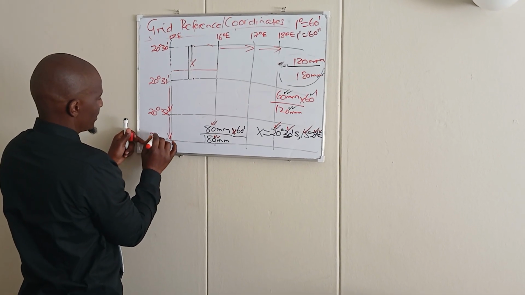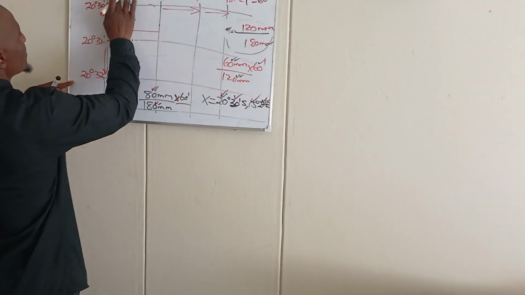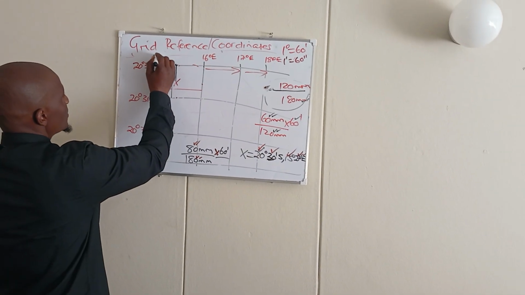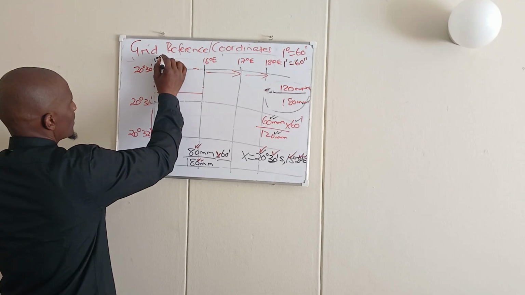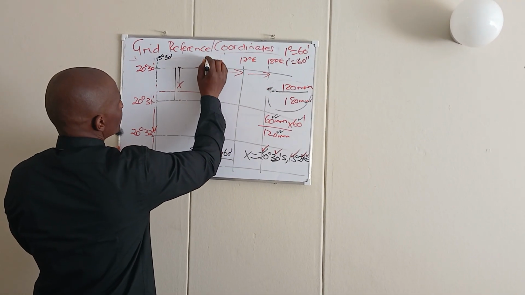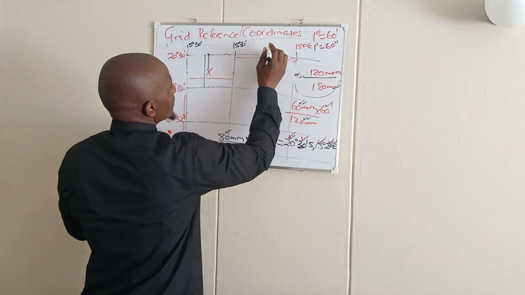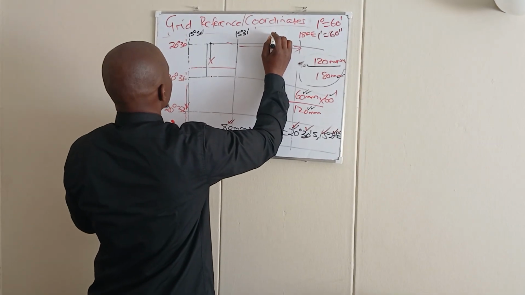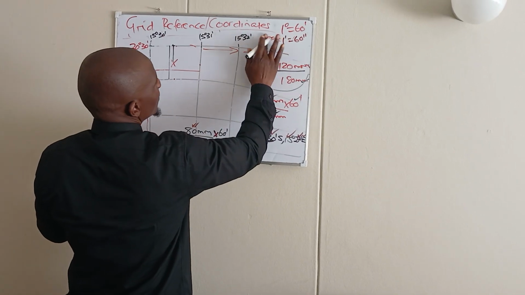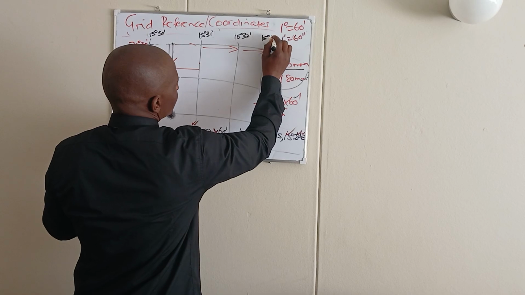Then 20 degrees, 33 minutes. I'm going to do the same thing here. 15 degrees, 30 minutes. This one also 15 degrees and 31 minutes. Then 15 degrees and 32 minutes. Then 15 degrees 33 minutes.